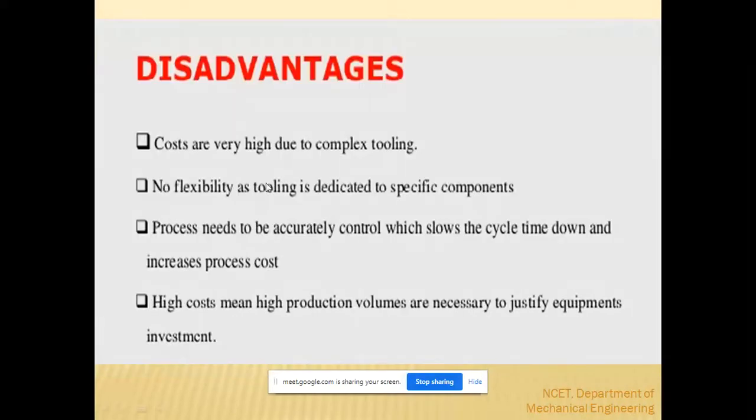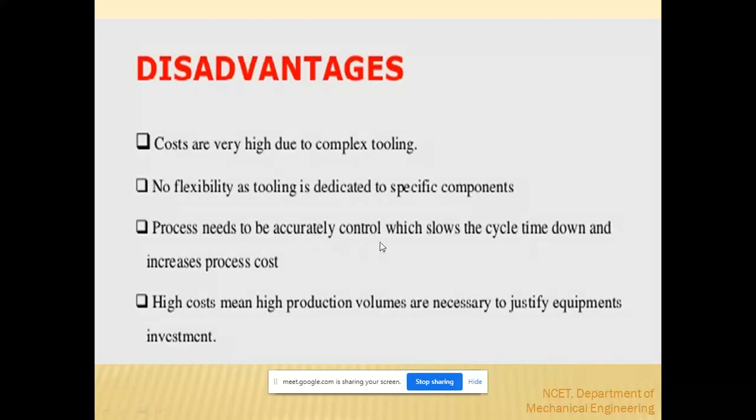That's why the major disadvantage is the high tooling cost. Not flexible as tooling. There is a chance of improper mixture of reinforcement in the molten metal. That is another disadvantage. That's why there is no flexibility, as tooling is dedicated to specific components.